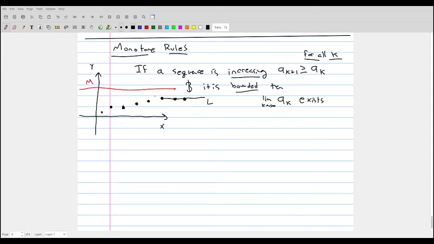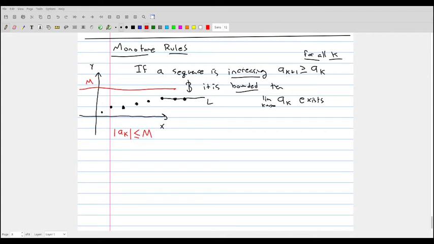The same is true for decreasing, because boundedness typically implies that there's this m, which applies both on the top and on the bottom. Boundedness means that there exists some m such that the absolute value of the sequence will always be less than or equal to that value.